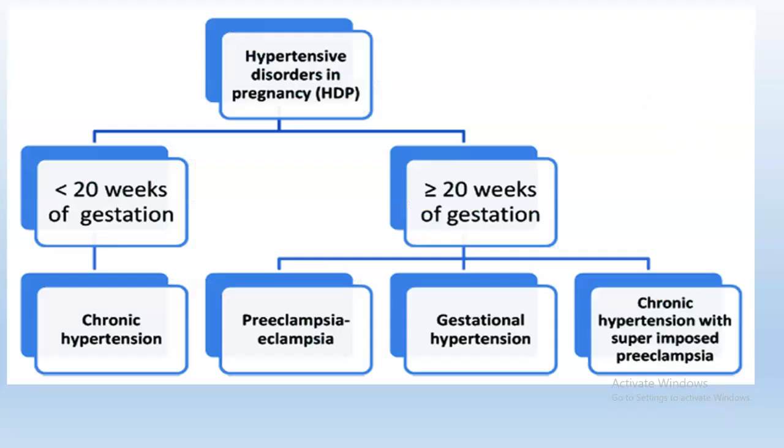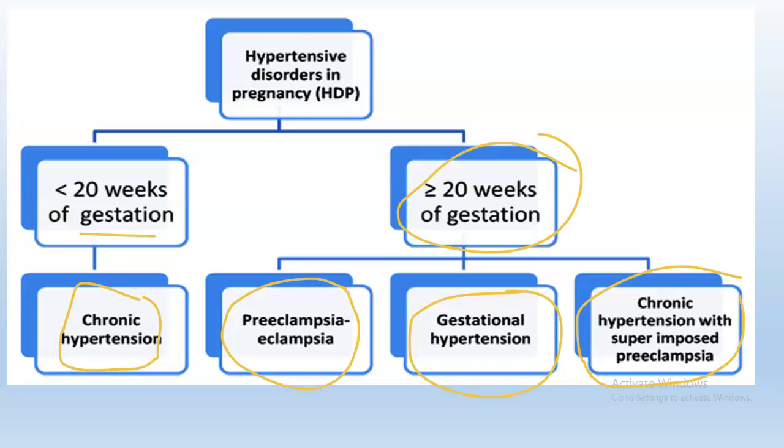So here is a flow chart of the hypertensive disorders in pregnancy. If it is less than 20 weeks of gestation, it is known as chronic hypertension. If it is more than 20 weeks of gestation, it can be divided into preeclampsia, eclampsia, which we'll be talking about sooner in another lecture, gestational hypertension, and chronic hypertension with superimposed preeclampsia.